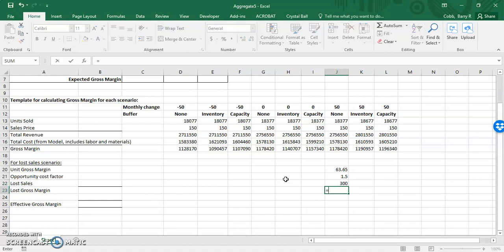So we're assuming a lost gross margin here of $63.65 times 1.5 times 300, which means our effective gross margin is the gross margin we actually have from sales minus the lost gross margin.